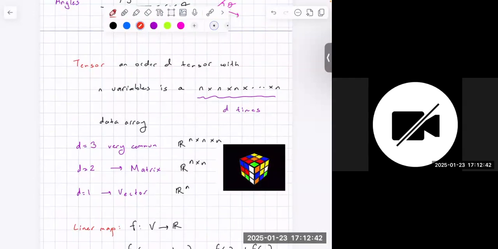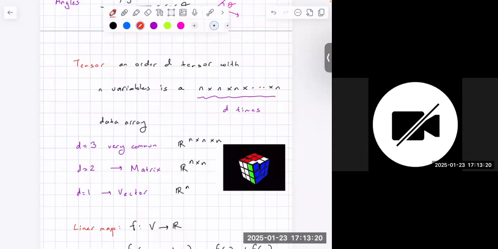It's literally a data array which has a certain dimension. If it has n variables and order d, it will be n times n times n, d times. So this is a 3 tensor. A matrix is a 2 tensor, and a vector is just a 1 tensor. Now think about 2 vectors together, it looks like a matrix. If you have 3, it looks like a 3D tensor. The Rubik's Cube is kind of a distraction, it doesn't move around so much.